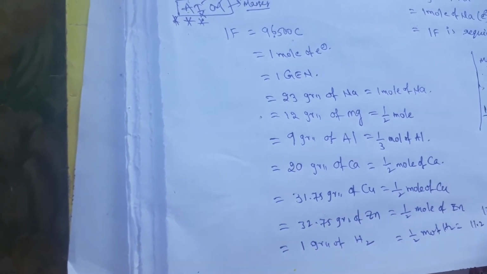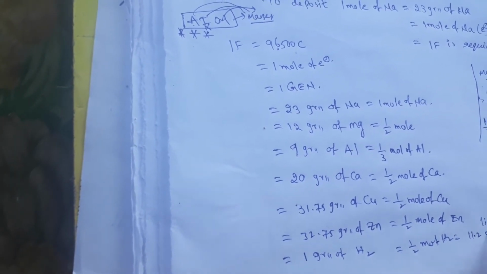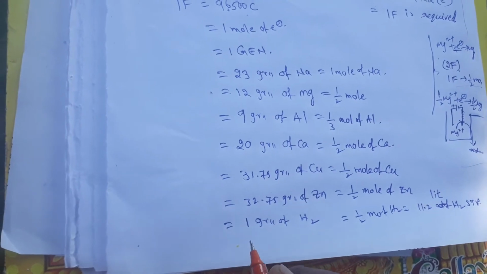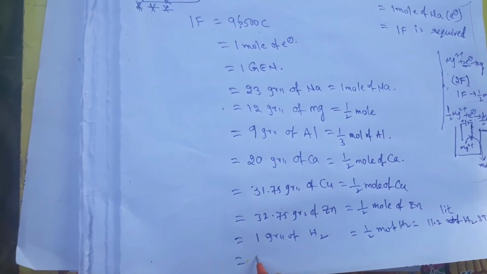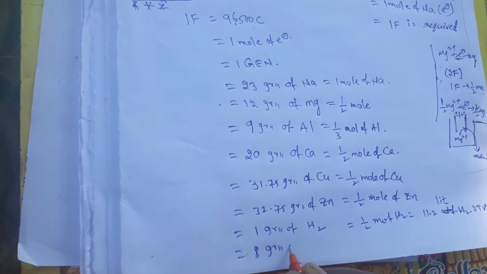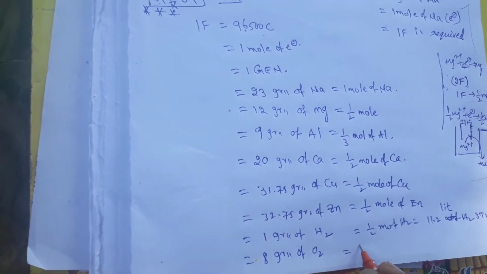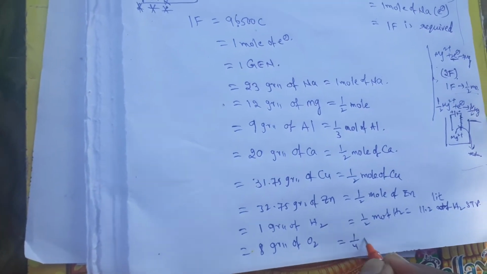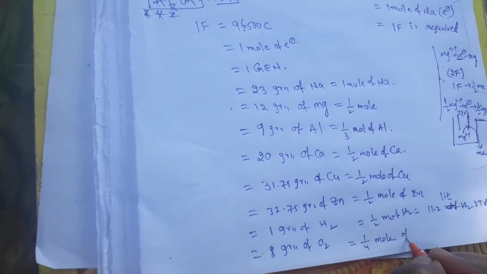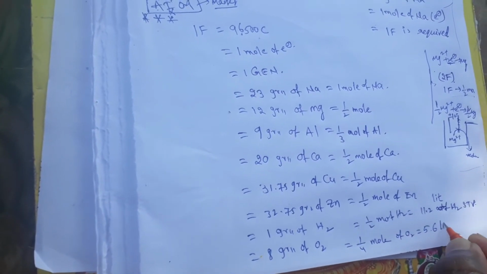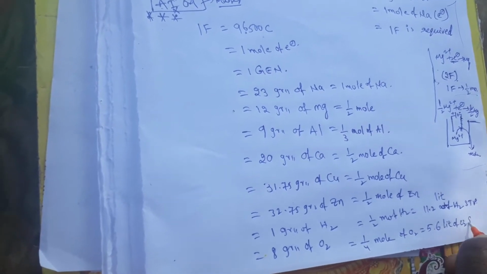Gas we measure in liters, liters of H2 gas at STP, standard temperature and pressure. If you take 8 grams of oxygen, how many moles of oxygen is that? 1/4 mole of oxygen will be deposited, and that is 5.6 liters of oxygen at STP.